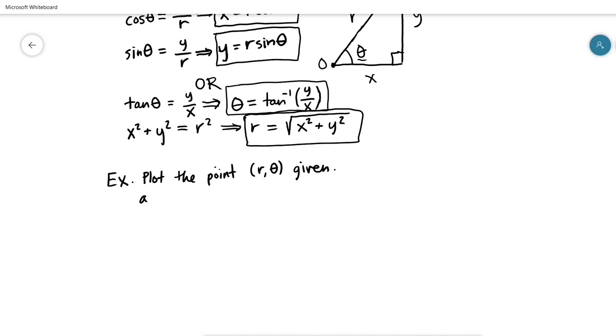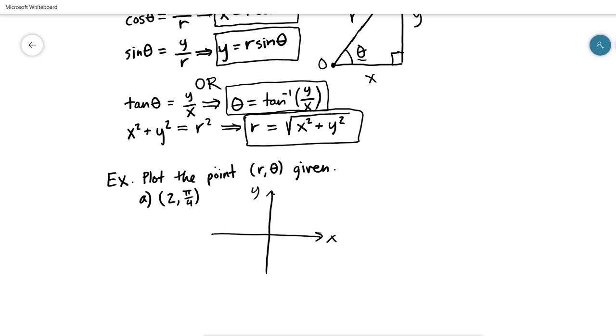So let's do part A. The first point I'm going to give us is maybe 2 comma pi over 4. So 2 is our value of r, pi over 4 is our angle. And if I draw my coordinates here, here's my x, here's my y.